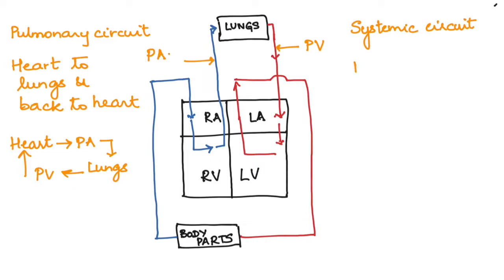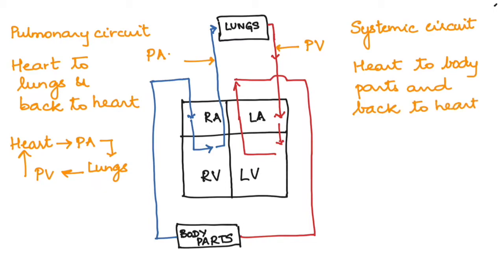Next is the systemic circulation, which involves the blood moving from the left side of the heart to the body parts and then it returns back to the right side of the heart. So the blood from the left ventricle is then pumped through the aorta to reach all the body parts.